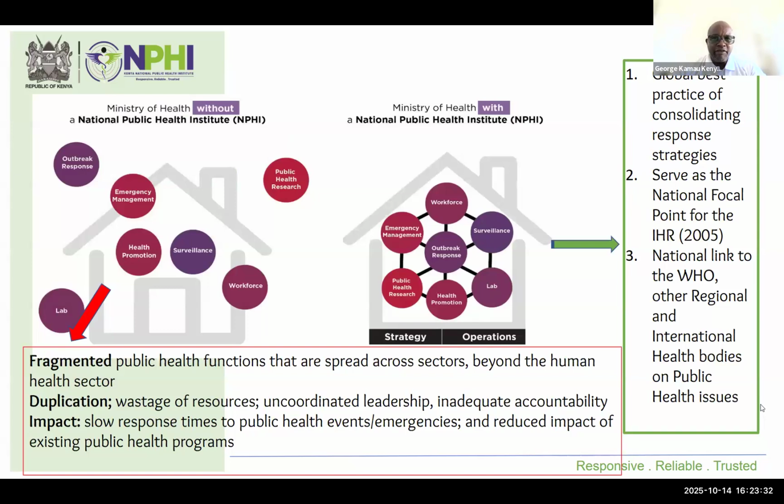But once we have National Public Health Institute consolidating everyone, we are able to break the silos and also avoid duplication of activities. Thus, we enhance rational use of resources, coordinated leadership, and accountability. Next slide.